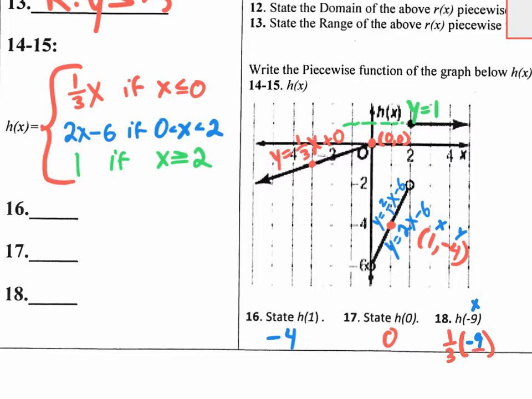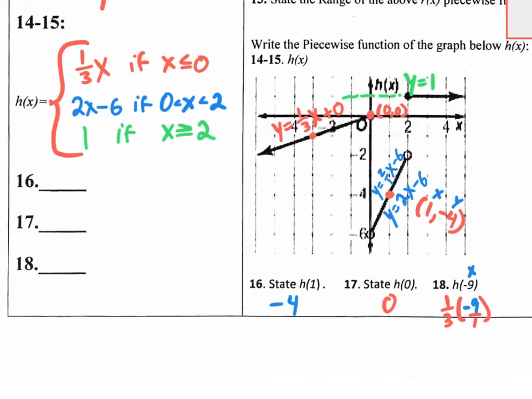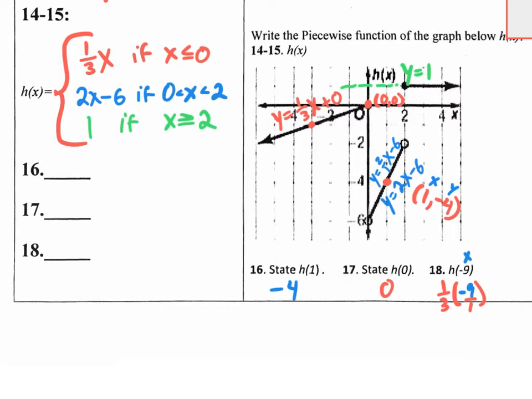Put the -9 over 1, and then simply multiply, top with the top, bottom with the bottom. You'd get -9 over 3, which gives you -3 as an output. And visually, that makes sense, because if you go out to -9 and you go down to that line, it'll be at the y value of -3. So the output would be -3. The coordinate would be -9, -3, and it would be right here, right on the line.